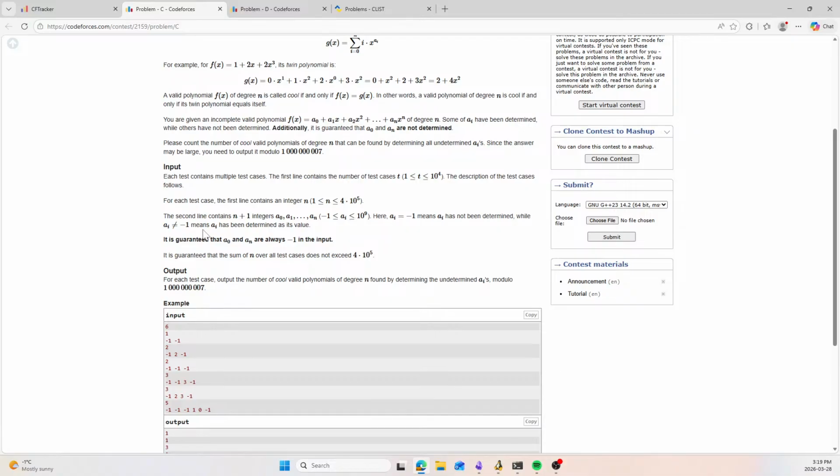No, it cannot be infinity actually. I'm tripping. -1 it can be 0. We don't even care what a of 0 is. It's determined, so we don't care at all.